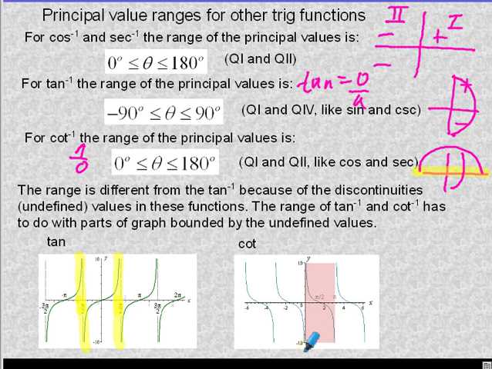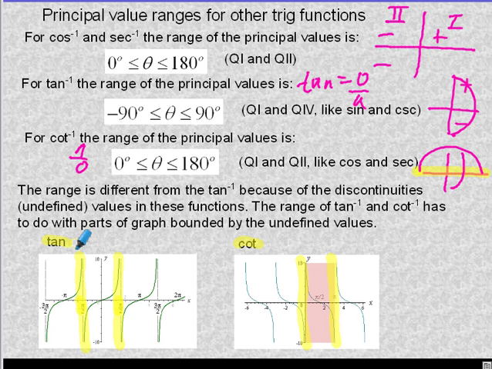Let's see, positive 90. Yes. And so these are going to be at 0 and pi. I'm sorry, I couldn't see these very well. These are where the asymptotes exist for cotangent. And so that's why you have to have the ranges different.